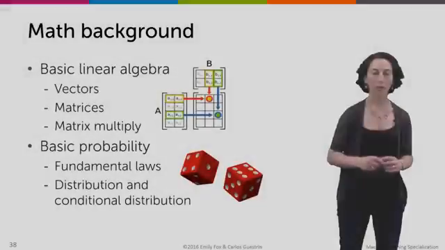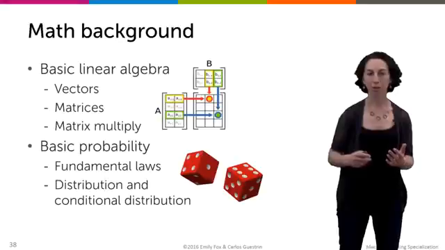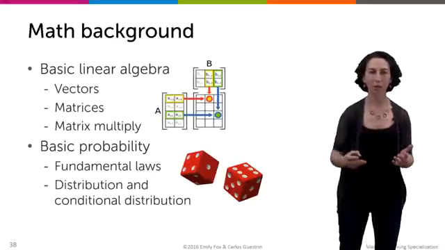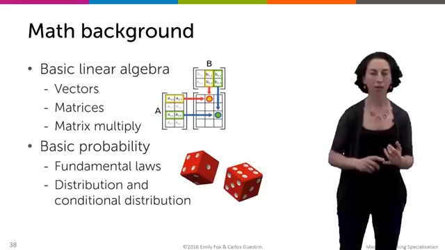Then, in terms of math background, there's not going to be much of an emphasis on calculus like there was in the past two courses, but we're still going to assume that you know some basic linear algebra, like what is a vector, what is a matrix, how do you think about multiplying matrices. And I think that's basically it for the linear algebra part. But in this course, we're also going to turn to some probabilistic concepts building off of things that you saw in the classification course.